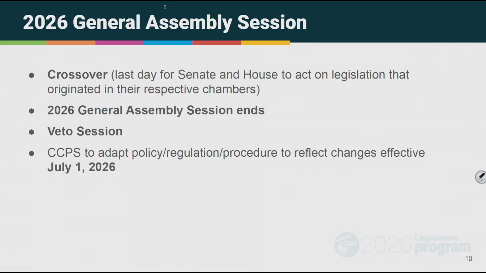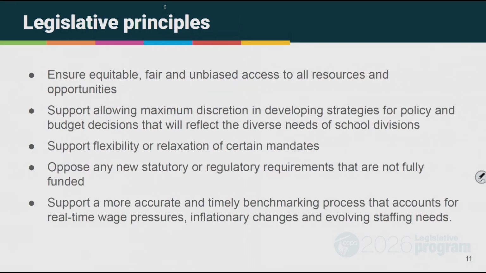Then the General Assembly will take all those into consideration and essentially write their budget. Once they agree upon that, it will go to the governor to make additional amendments and sign, and ultimately through the veto session. From that, as we know, we will incorporate and make changes to our budget and policy along the way after July 1.